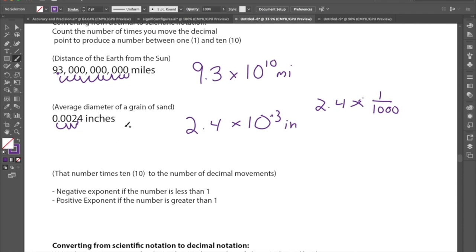If we have a number that's greater than 1, such as 93 billion miles, it's going to be taken to the power of a positive exponent. If it's a number that's less than 1, such as 24 thousandths of an inch, we take it times 10 to the power of a negative exponent, like 10 to the power of negative 3.